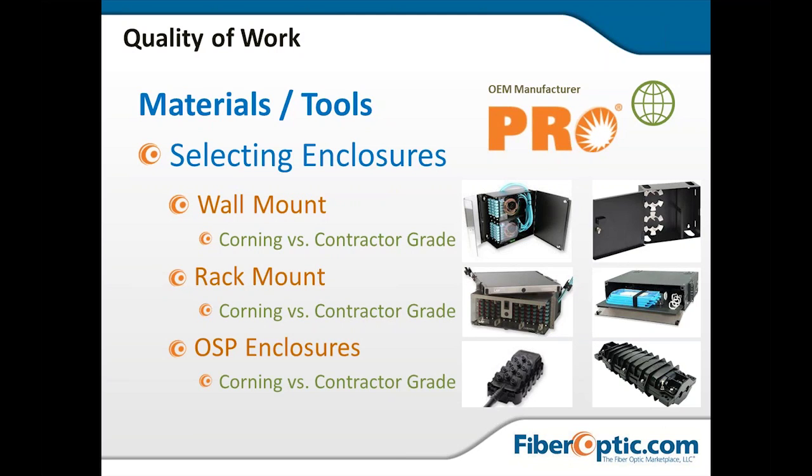Rack mount, there's an example of a rack mount unit. You can see how, again, it's nicely organized. Cable entry comes in from the side of the racks. They look very professional. You can see through clearly. The components are typically going to be metal versus plastic. A lot of the locking mechanisms on some of the inferior products will snap off, break.